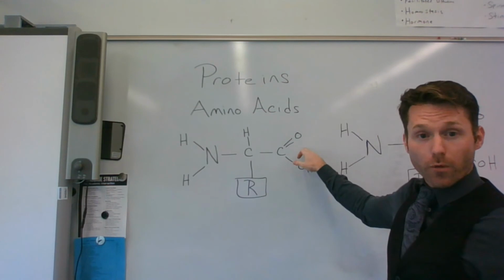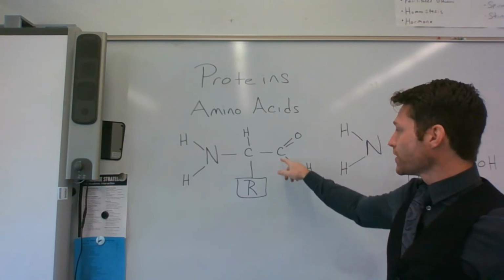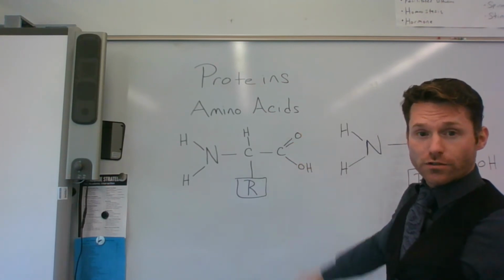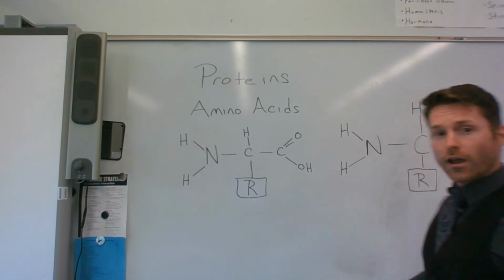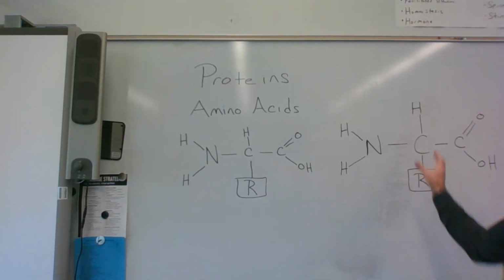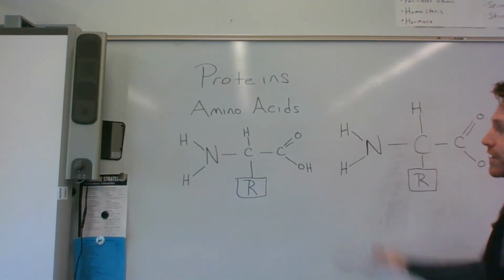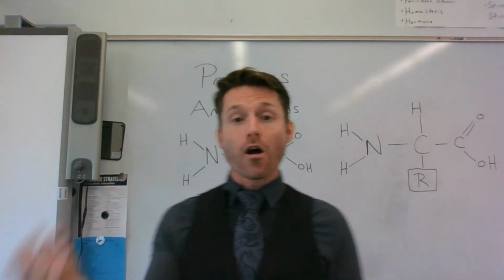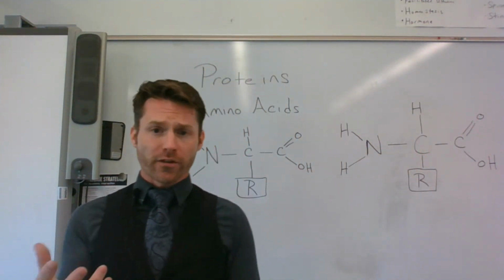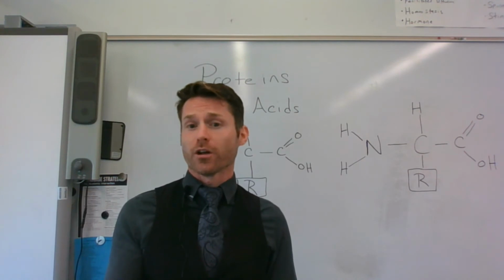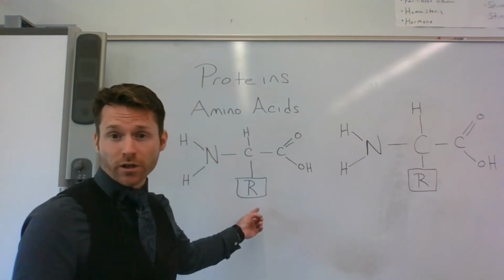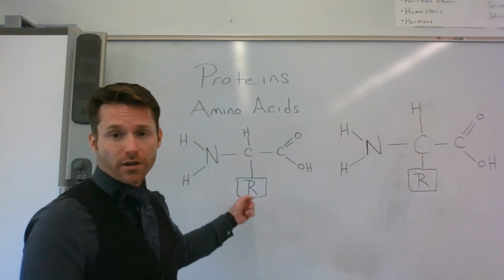And then I have a carboxyl group, which is a COOH. And then I have another amino acid here, same setup. So this is the general format of all amino acids. In living things, we utilize 20 different amino acids, and so we have 20 different functional groups that can attach here.